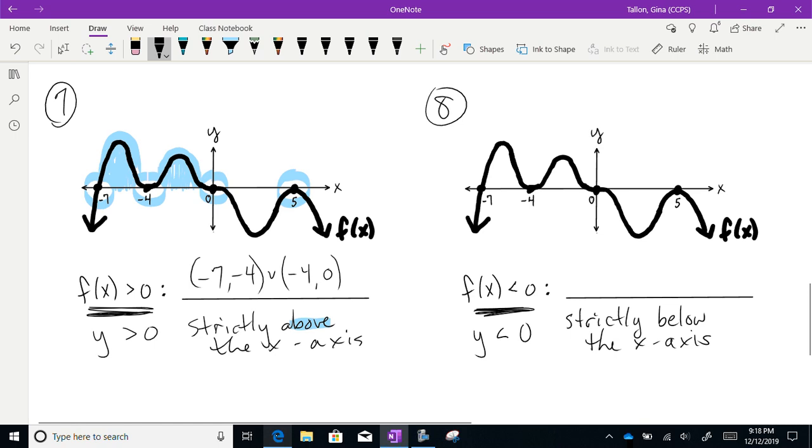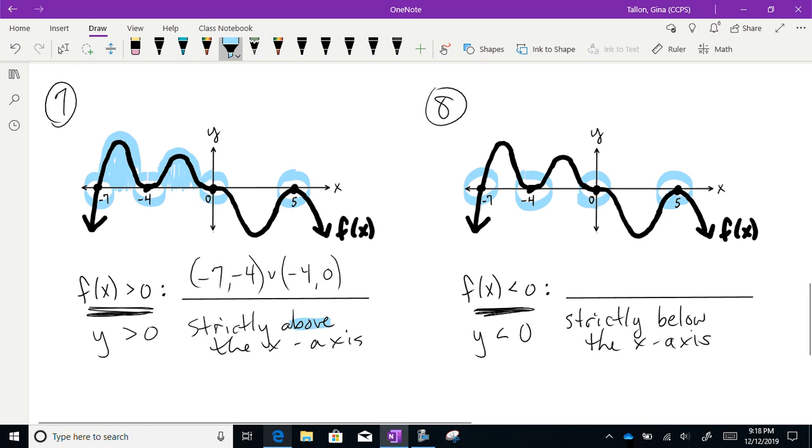That was in the previous questions, numbers 5 and 6. So here I want a big open circle, open circle, open circle, and open circle. Do not include those values on the x-axis.